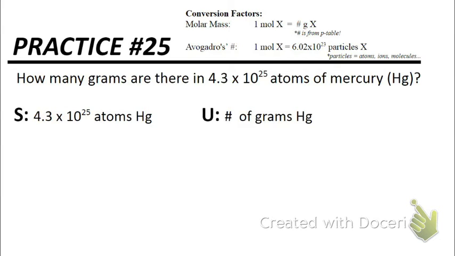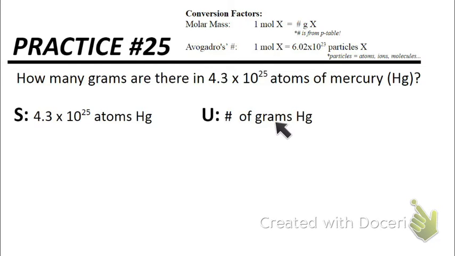Now we need to figure out which conversion factor we are going to use. We are going from atoms to grams, so we need a conversion factor that contains both atoms and grams. Let's look at our 2 conversion factors up here. Is there a conversion factor that includes both atoms and grams?